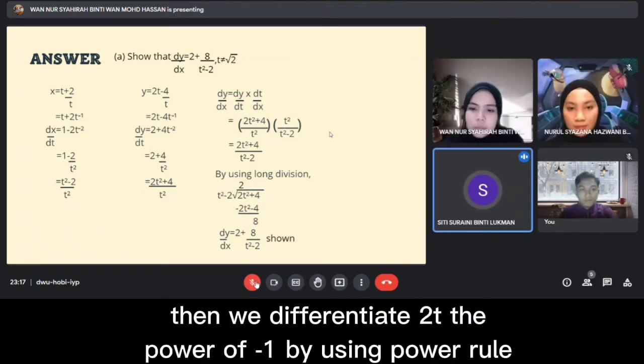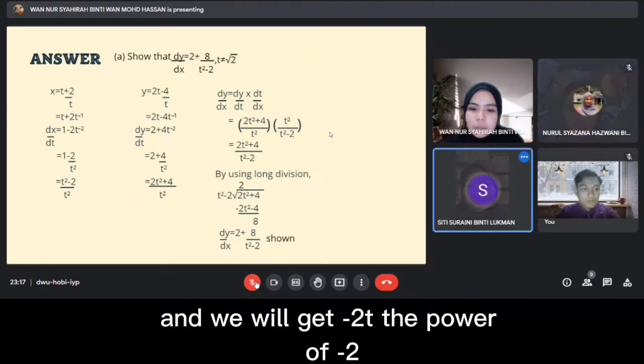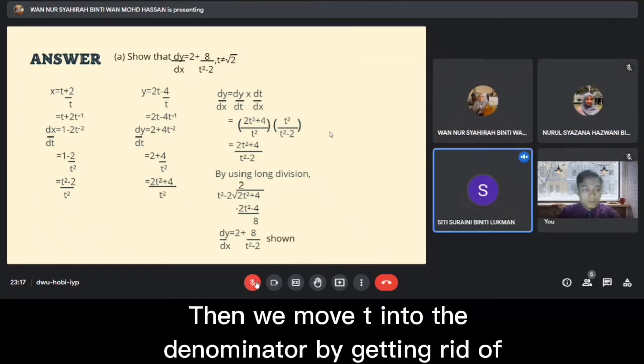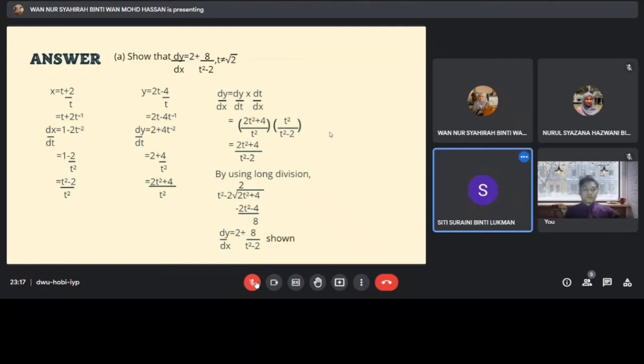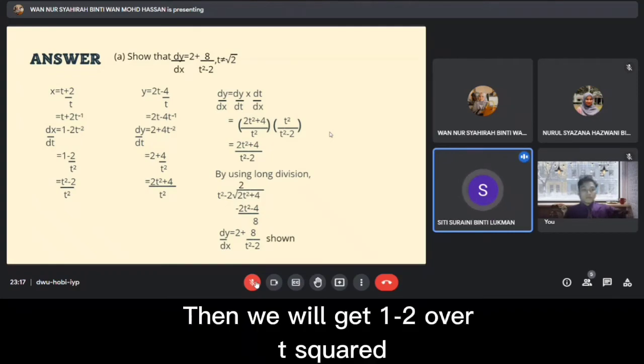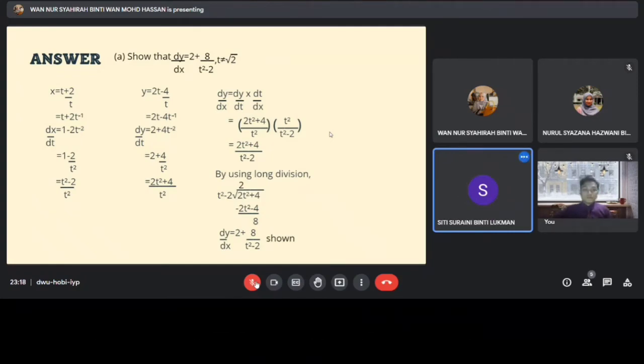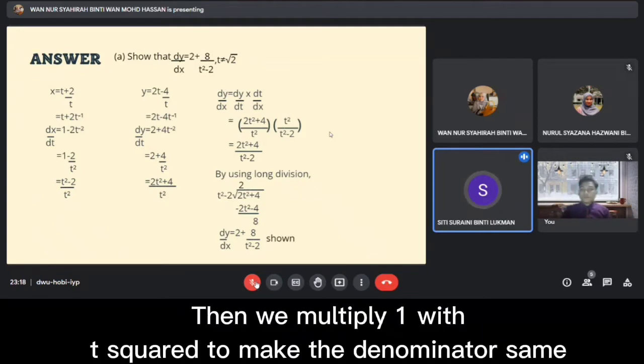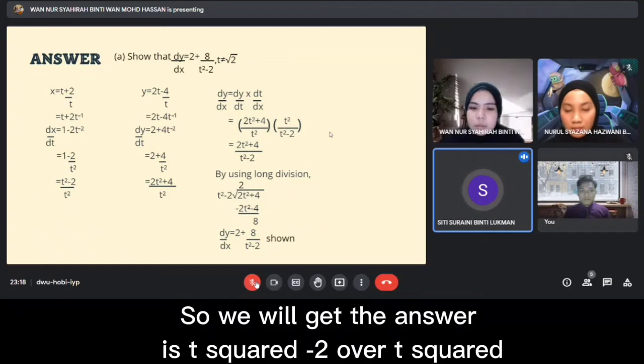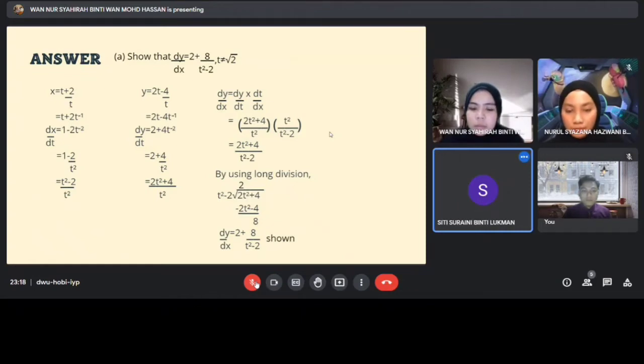Then we differentiate 2t to the power of negative 1 using the power rule, and we get negative 2t to the power of negative 2. Then we move t into the denominator by getting rid of the negative exponent, so we get 1 minus 2 over t squared. Then we multiply 1 by t squared to make the denominator the same, so the answer is t squared minus 2 over t squared.